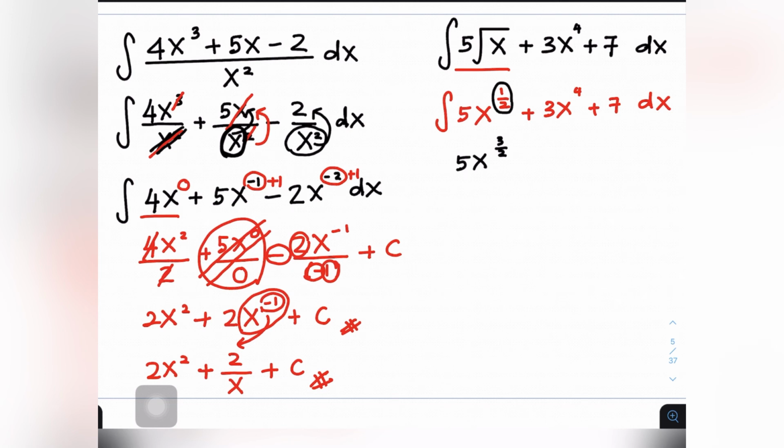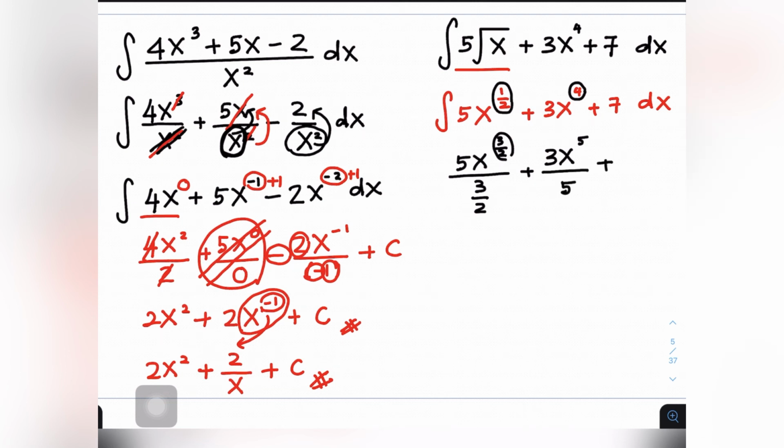And the second step, you need to divide by the new power, which is 3 over 2. Okay, so plus, this one, you have x to the power of 4. So what you will get is 3x to the power of 5 divided by the new power, which is 5.